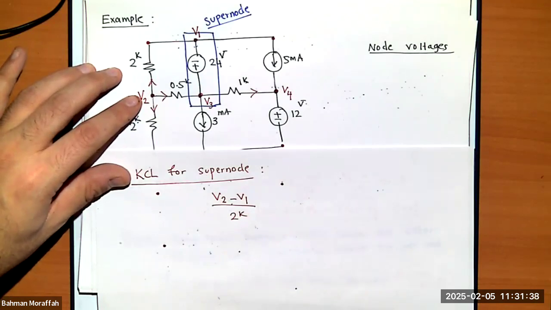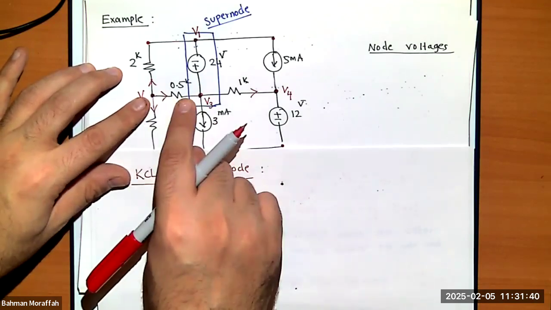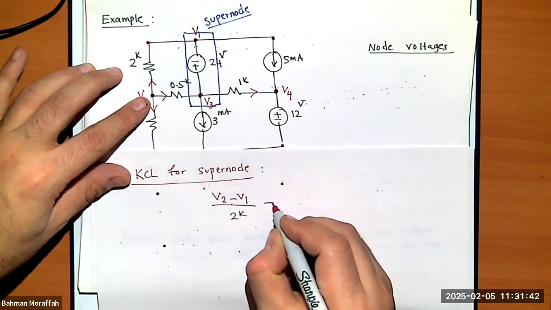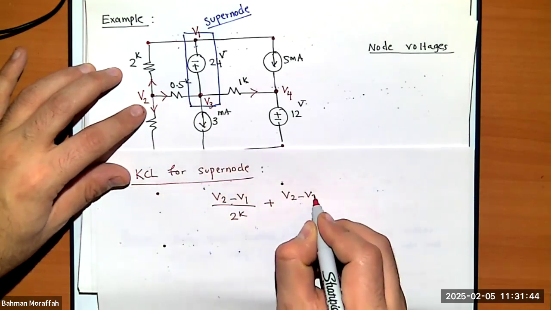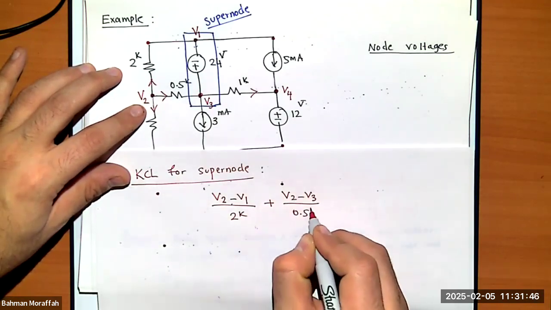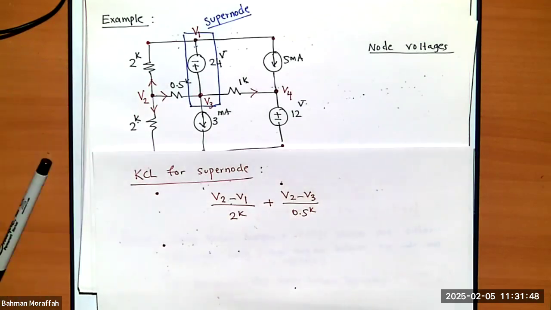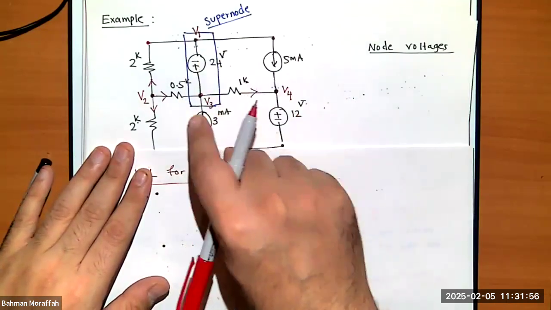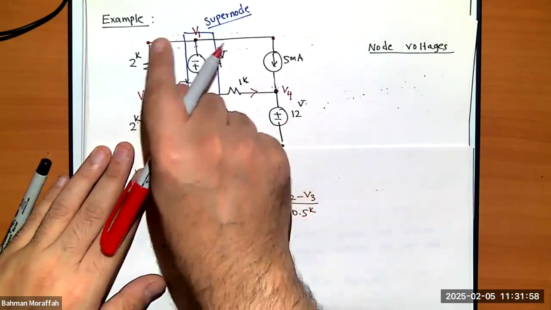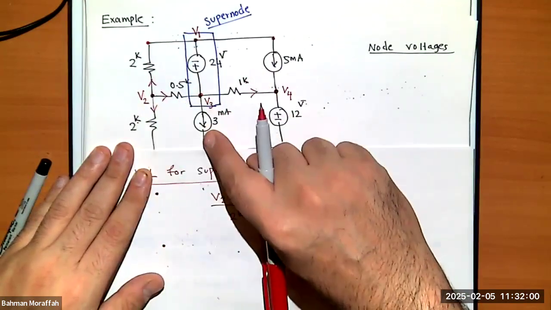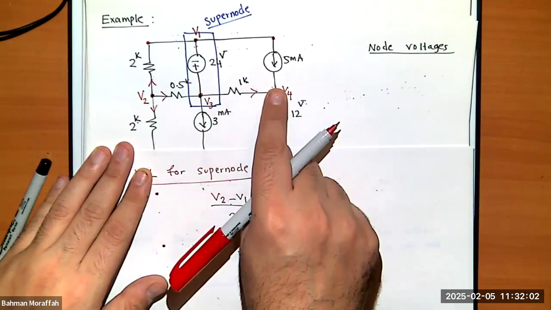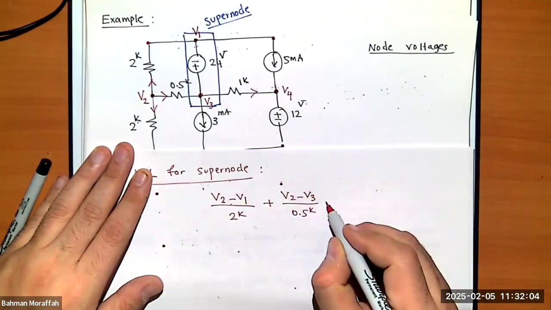What else is going in? This one is going in, so I have plus V2 minus V3 divided by 0.5. Do I have anything else going in? Well, look at it. The whole thing is here, my node. This is going in, this is going in, this goes out, and this one goes out. So I have nothing else going in.